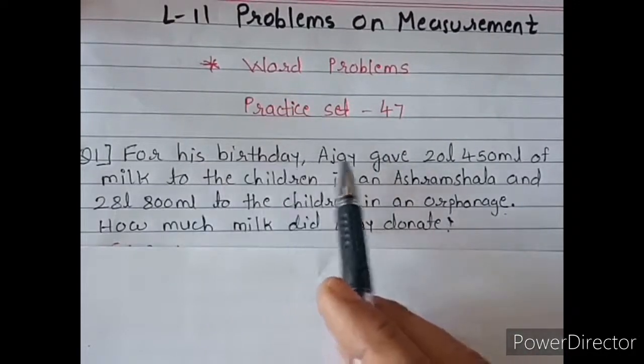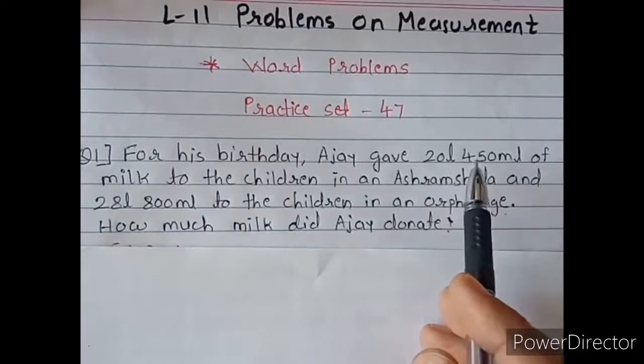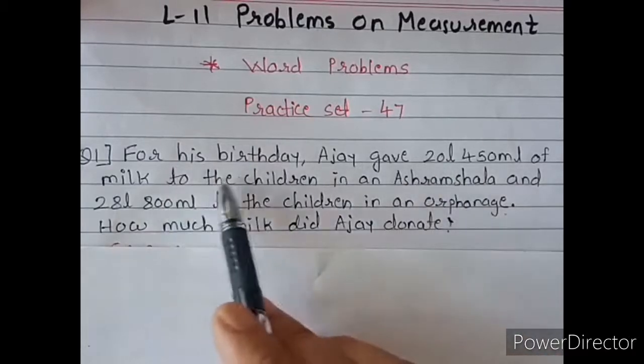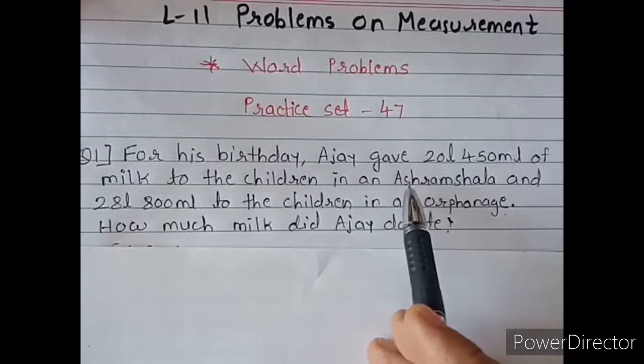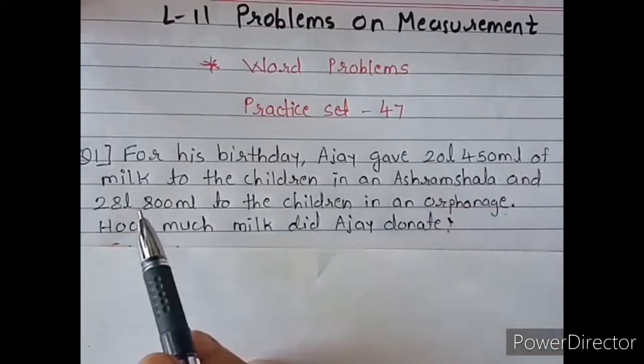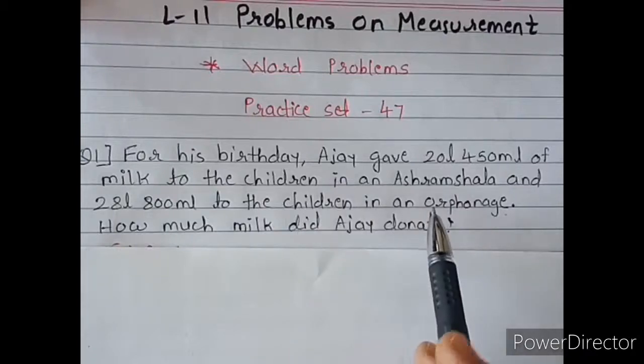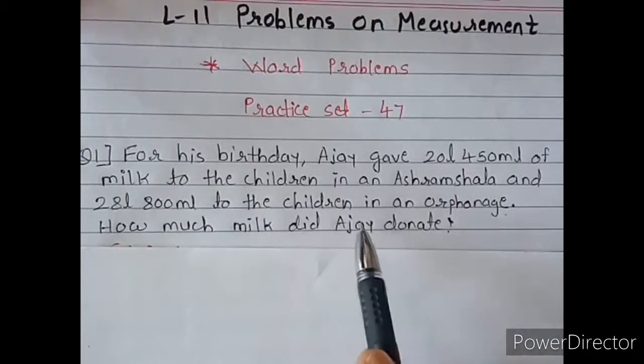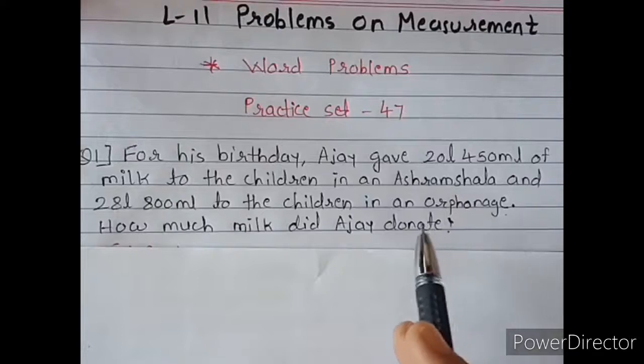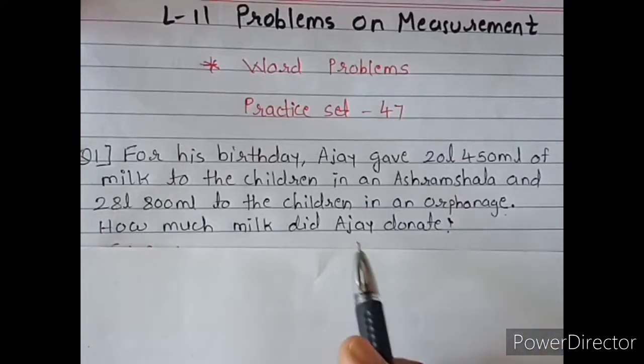For his birthday, Ajay gave 20 liter 450 milliliter of milk to the children in an ashram shala and 28 liter 800 milliliter to the children in an orphanage. How much milk did Ajay donate? Ajay wanted to celebrate his birthday differently. So what has he done?